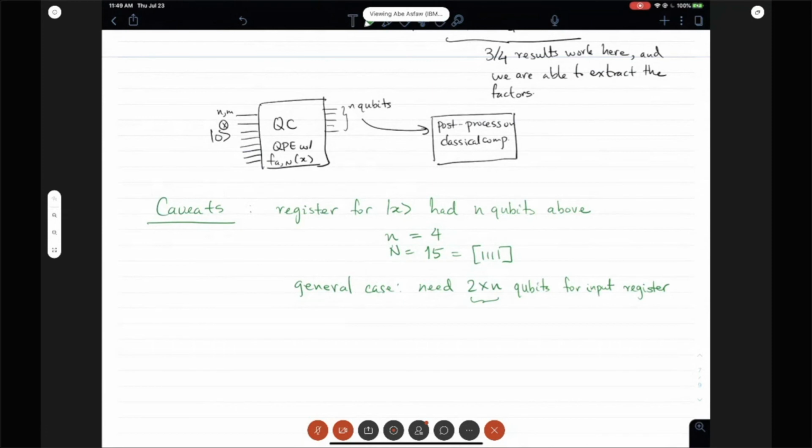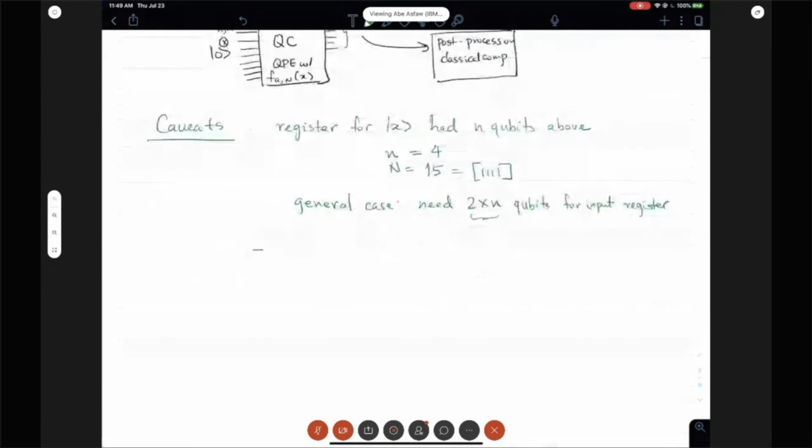The second caveat I'd like to tell you about is going through this process that we talked about. Is r even? If r is even, then is x to the power of r over 2 plus 1 equivalent to 0 modulo n?